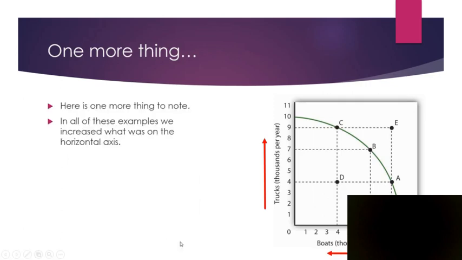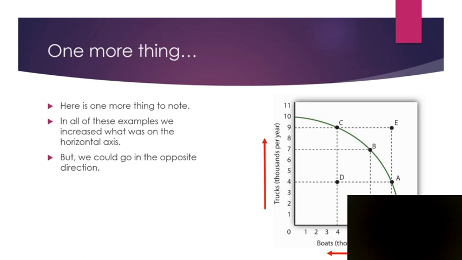Here's one more thing to note. In all of these examples, we increased what was on the horizontal axis, right? We always move to the right. Now, can we move to the left? Yes, we could go in the opposite direction. So look at this example here. What if I want to decrease boats?